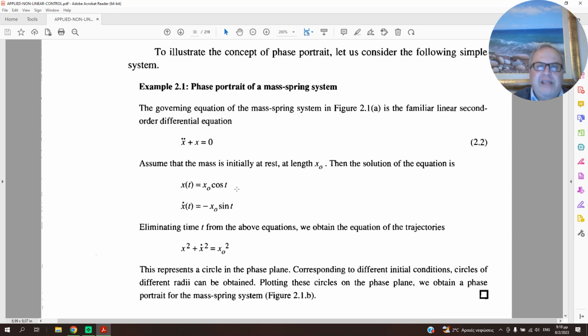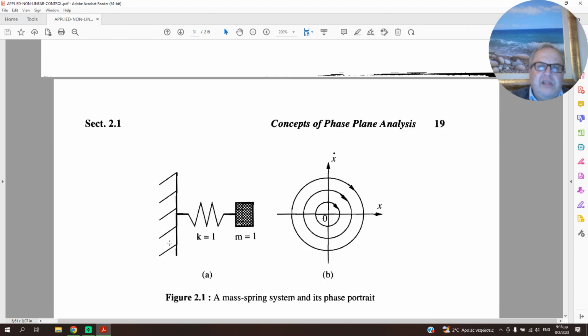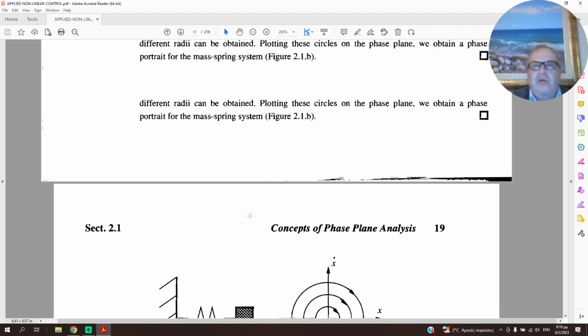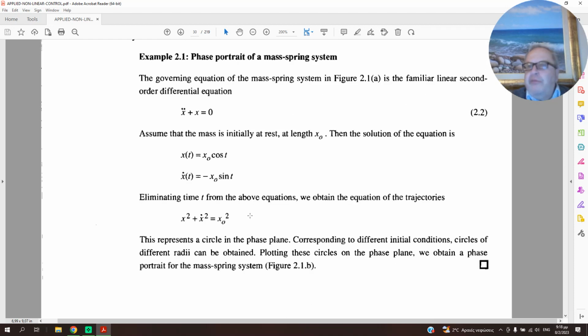Assume now that the mass is initially at rest, at equilibrium, at length x0. The length x0 means our 0 point here, okay? So from physics or from simple mathematics, you know very well that you have a harmonic motion.